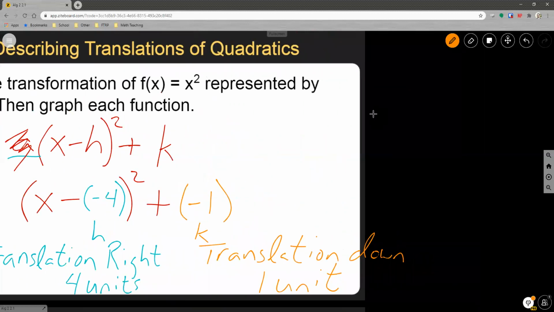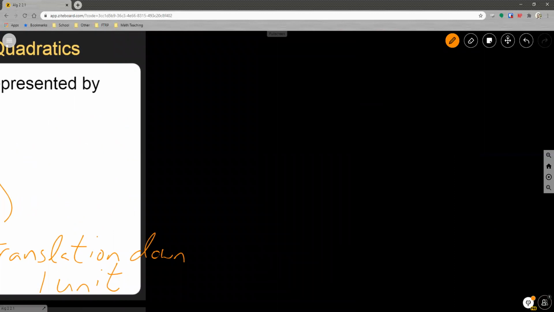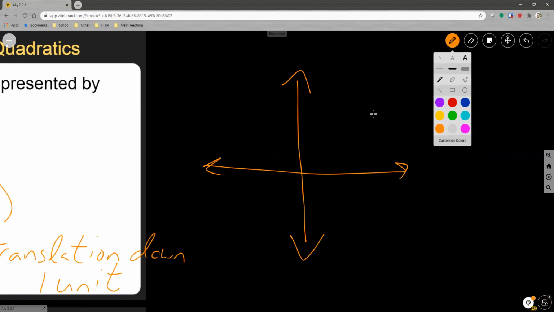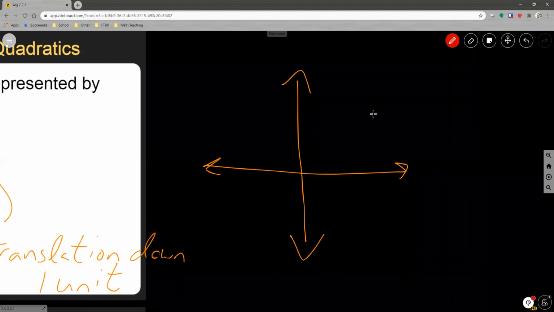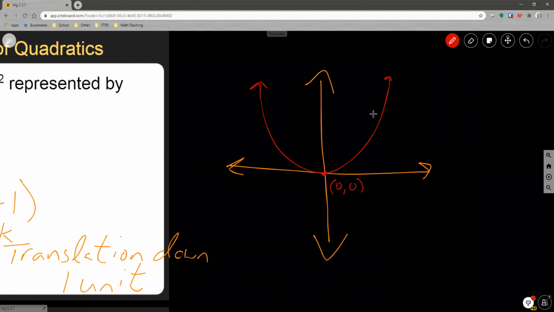And then if I wanted to graph this function, I'm actually just going to sketch it. Well, I know that my original function is the quadratic function. It looks like this, a nice U shape. And you can think of the vertex originally being at 0, 0.